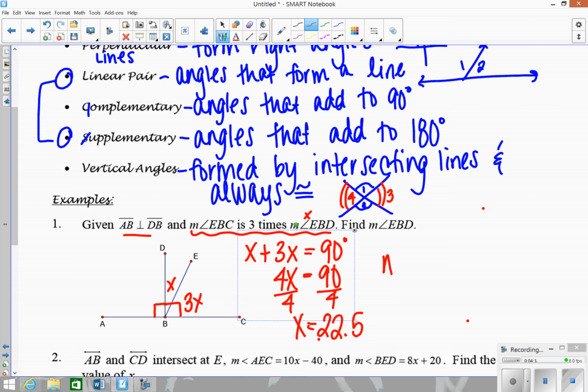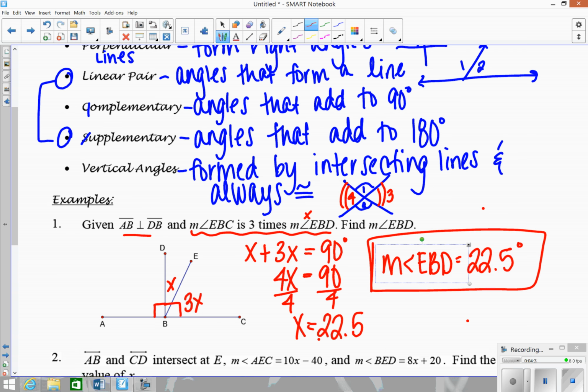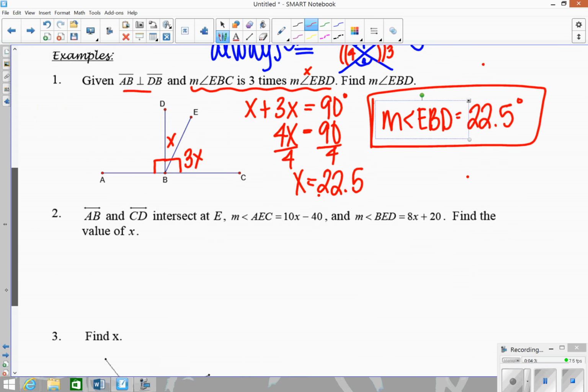To make sure that you actually answer the question, go back and read to see if you have to plug back in. It says find EBD, which is actually X, so I don't have to plug back in. It's just 22.5 degrees. So there's your answer.